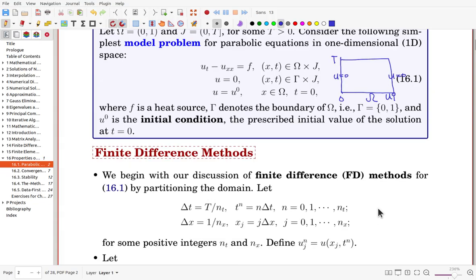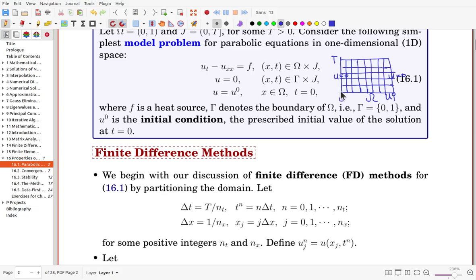So for this domain, we make a partition in the time direction and in the spatial direction as well, like that. And then the first point will be x0, x1, and so on.